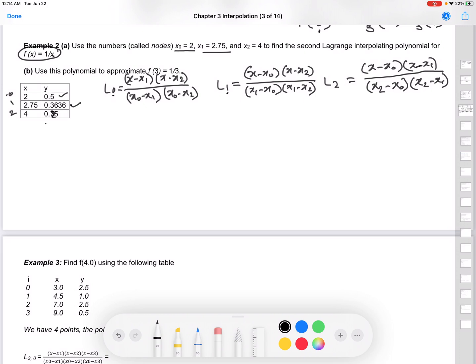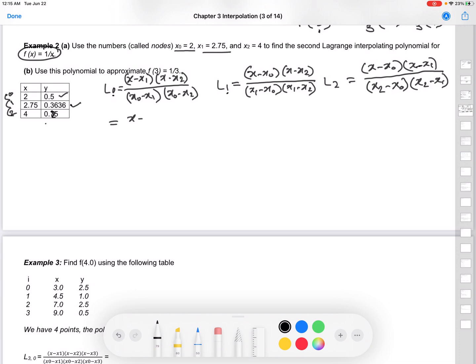Okay, now we want to replace all the values. X is unknown. X is any variable which is anything from 2 to 4, and then x0, x1, x2 are known values. So right now we are using them.